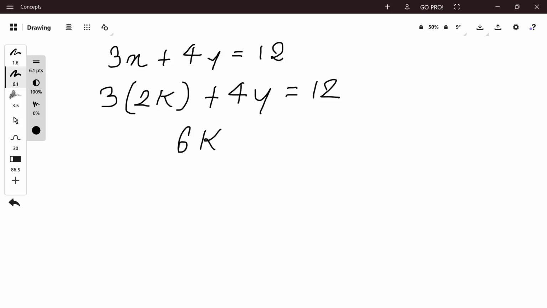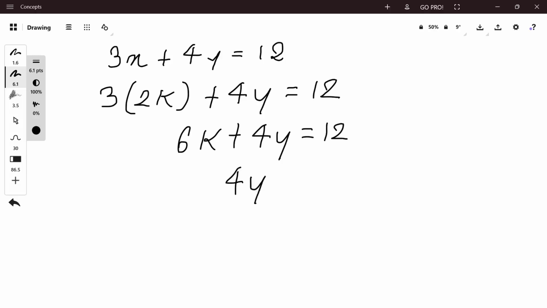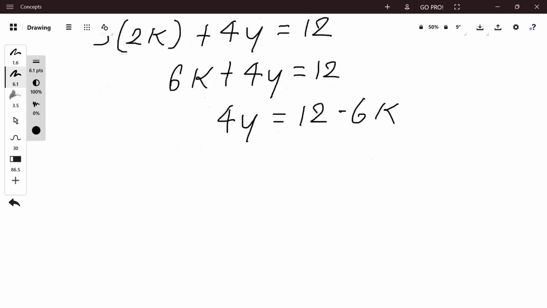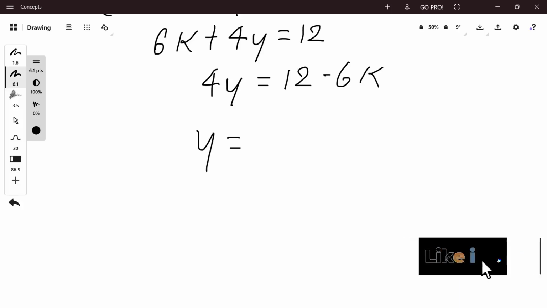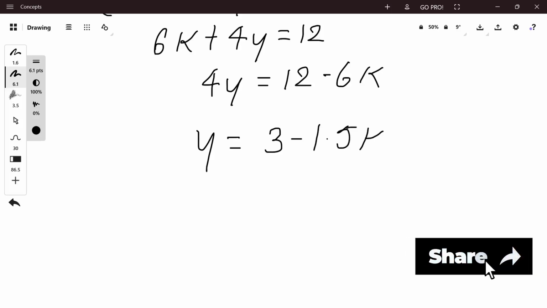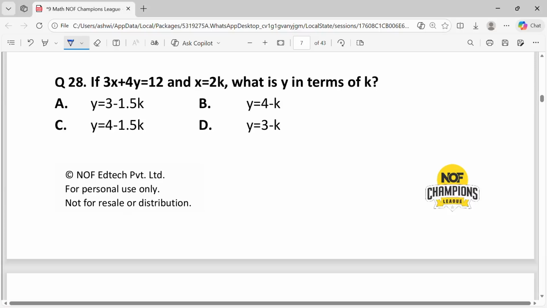That is 6k plus 4y is equal to 12. That is 4y is equal to 12 minus 6k. Solve for y by dividing by 4. We have y is equal to 3 minus 1.5k. Comparing with the given options, the answer is A, y is equal to 3 minus 1.5k.